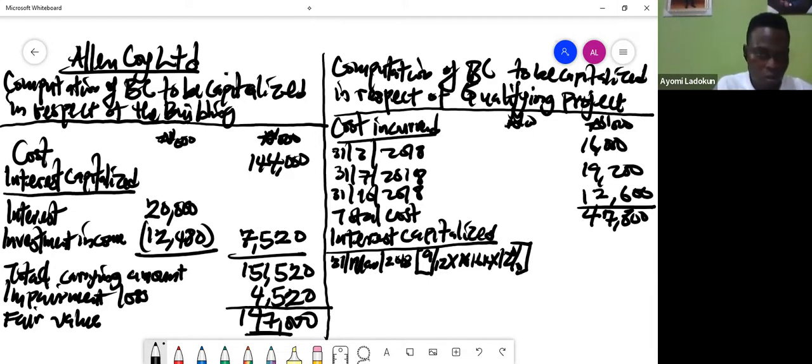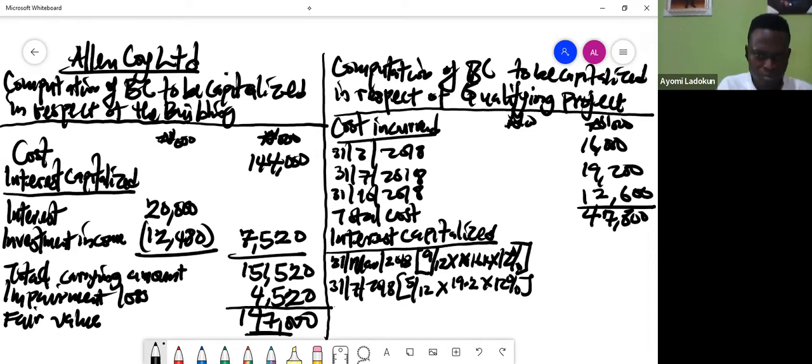Then I come to the second one, which is 31st July 2018. I'll count from August, September, October, November, December. That should be 5 months. So it will be 5 over 12 multiplied by 19.2, then multiplied by 12%. Then you also have a figure.